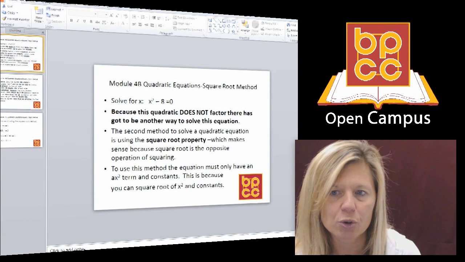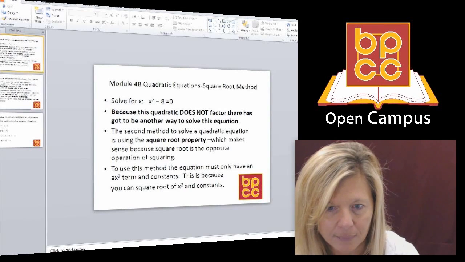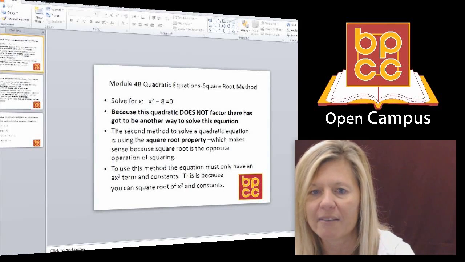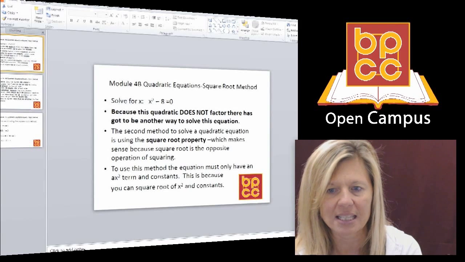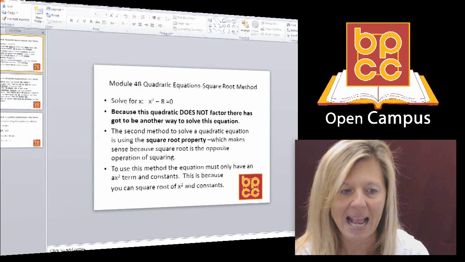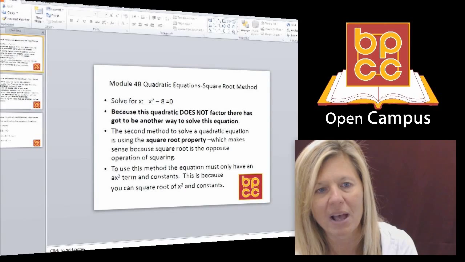So that's what we're going to do today. We're going to learn how to solve a quadratic equation by square rooting. Now, to square root, you have to make sure you only have the 2 terms: the term with the x squared, and the constant, the number. So that's what we have here. We have an x squared, and we have an 8, a constant. So we're going to solve this using the square root method.